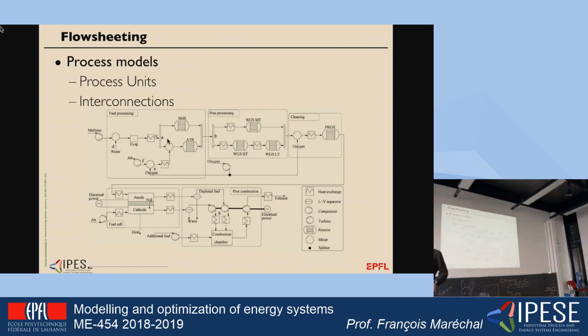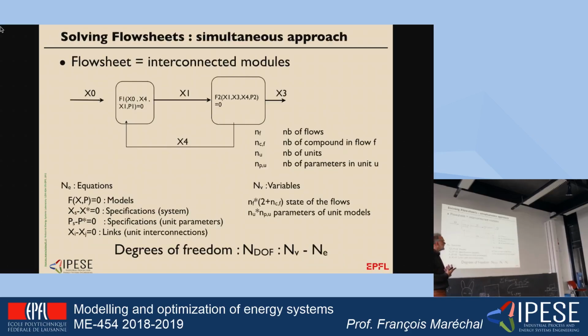So first, and this is a very simplified flow sheet, I'm going to make the degree of freedom analysis, but not for the process units, but for the whole system. And the difference is that now the values that are characterized in the outlet of this first unit will be used in the next one.